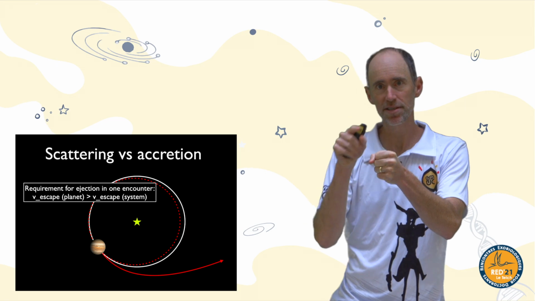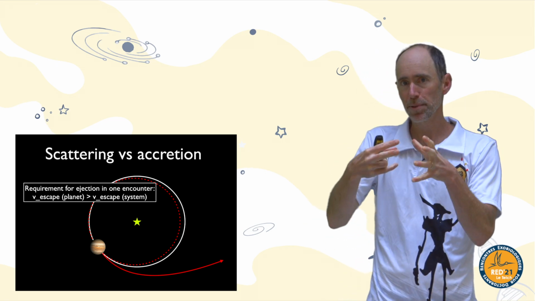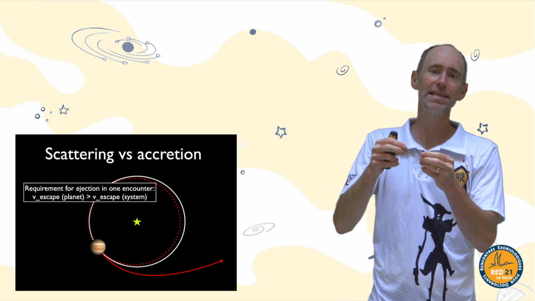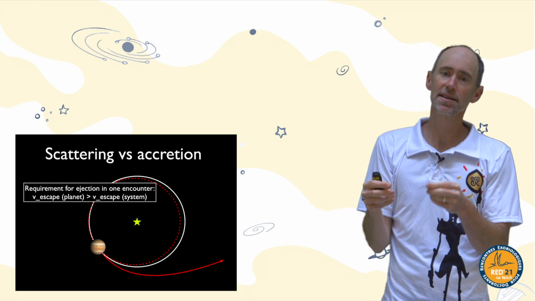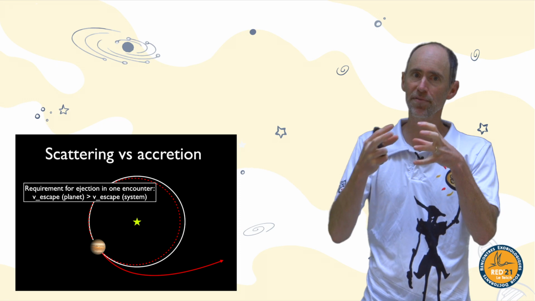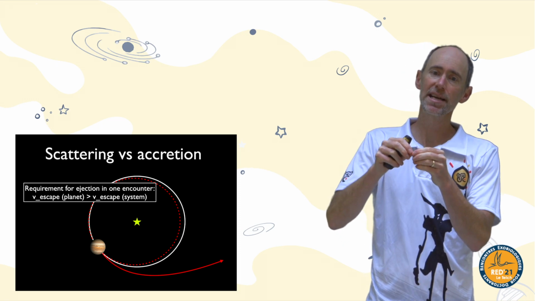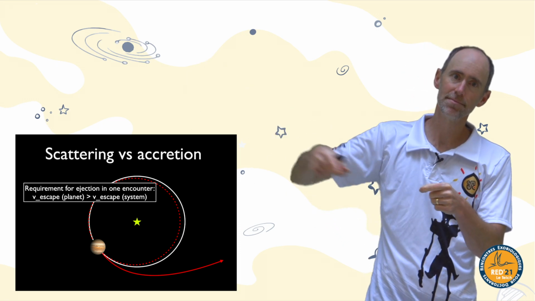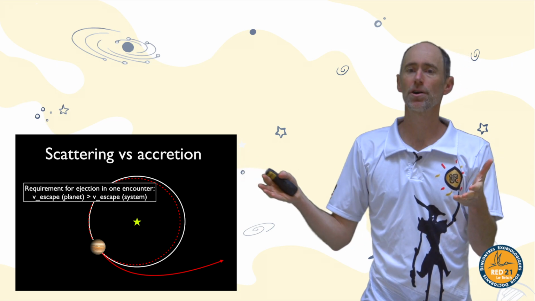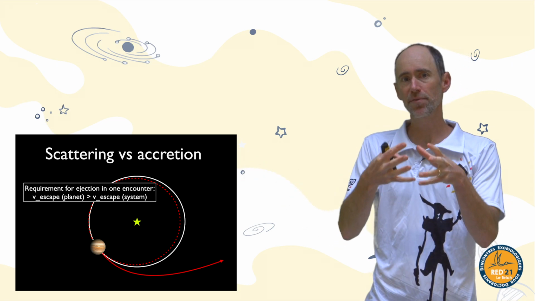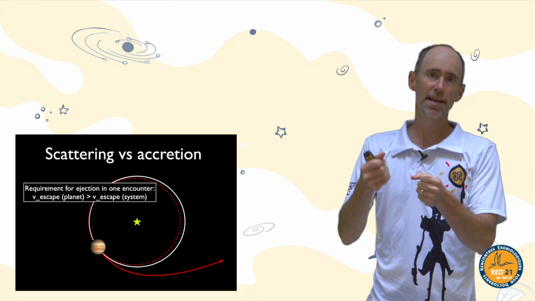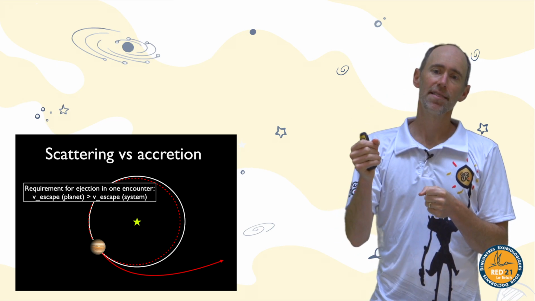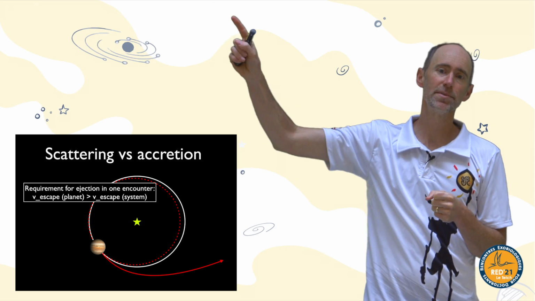Okay? So if that planet can give a certain escape speed from the planet's surface, well, how does that compare to the escape speed from the system? That's the key thing, comparing those two quantities, the escape speed from a planet's surface to the escape speed from the system, at that distance from the star. And so if the escape speed from a planet's surface is larger, especially much larger, then it can easily give a gravitational kick that in one shot can eject something from its system.